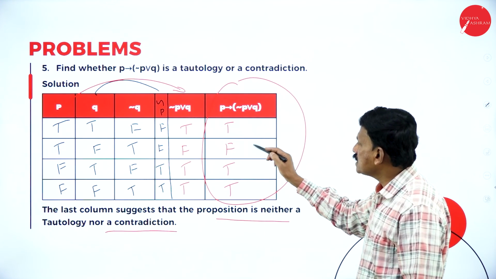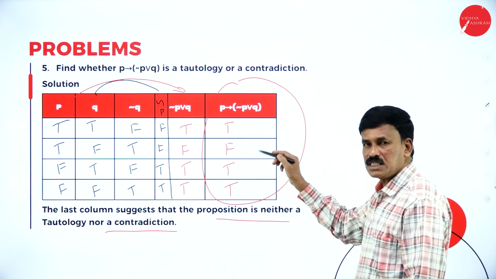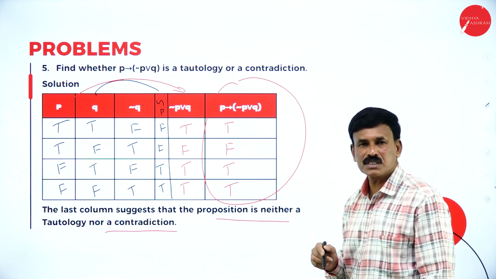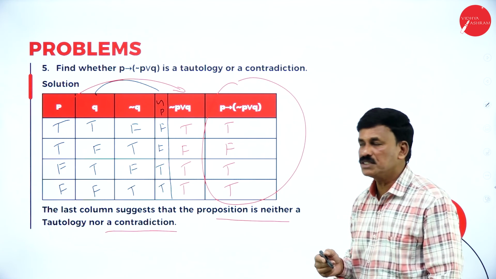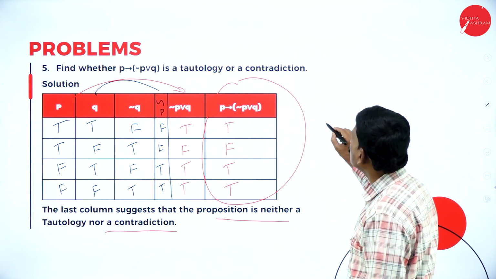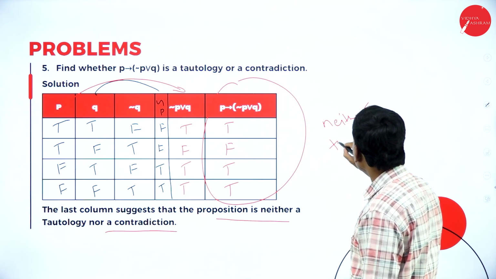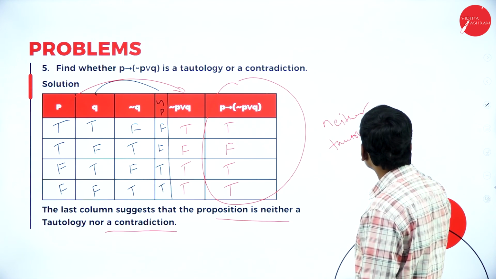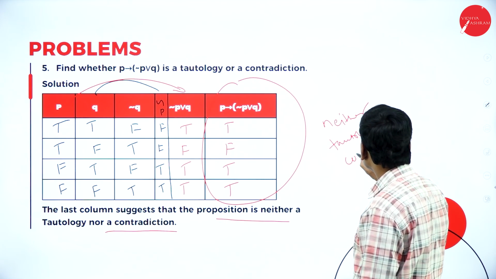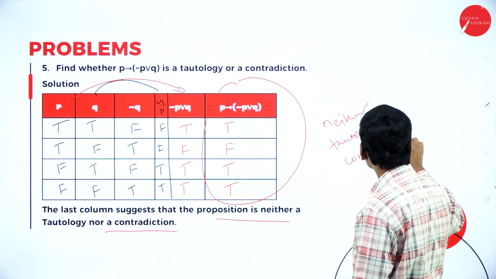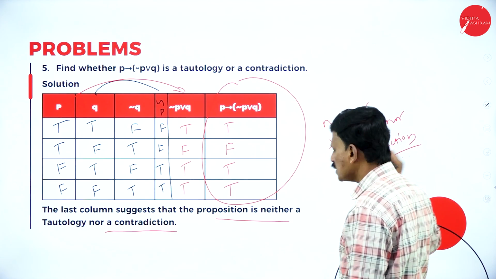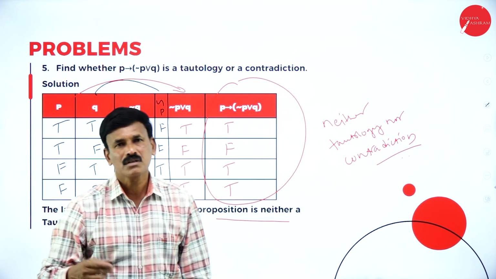But it contains T, F, T, T, so both truth values are there. Therefore, this is neither a tautology nor a contradiction.